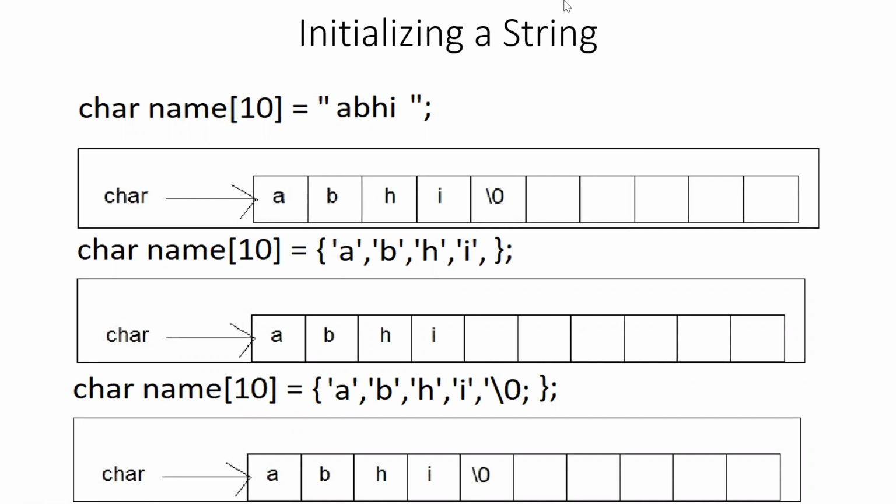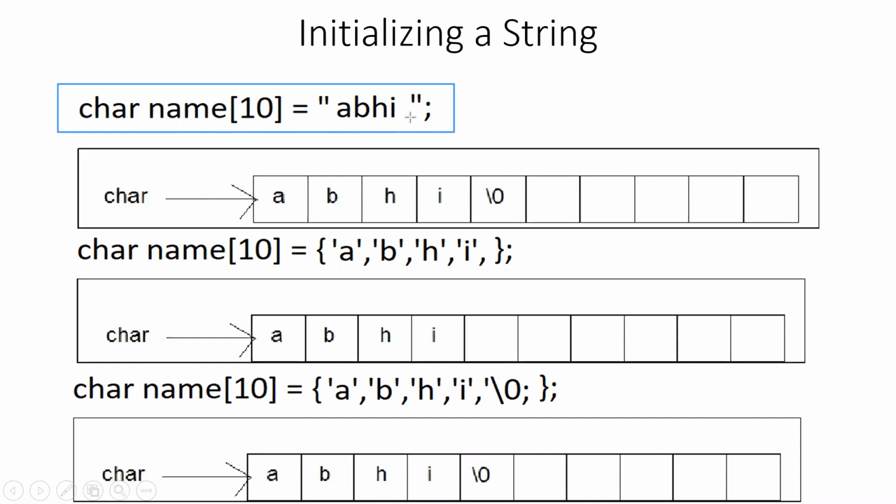In the very first example, a string has been created and then the value assigned to the string is enclosed within double quotes, as you can see in this example. The string name, the maximum size of which is 10, has been assigned the value ABHI within double quotes.